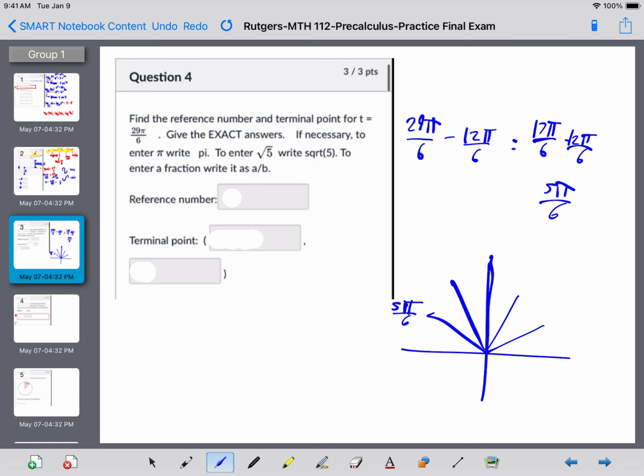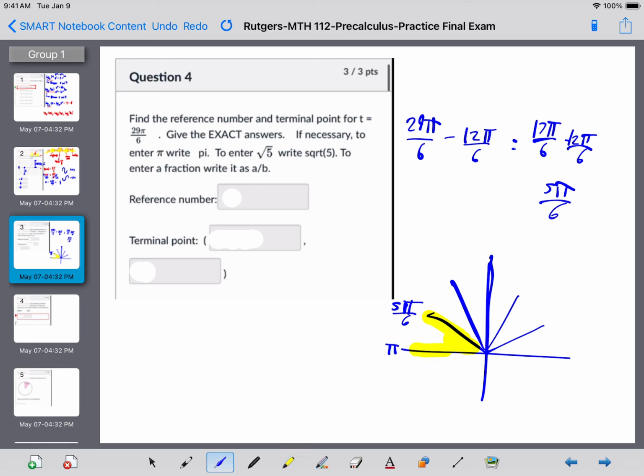But pi over 6. So now we want to find the reference number or the reference angle. That is the positive acute distance, or angle, from the coterminal ray in 0 to 2 pi to the x-axis within the respective quadrant.